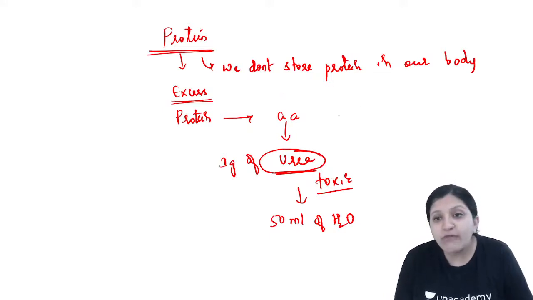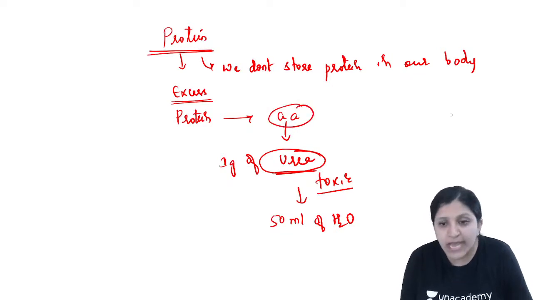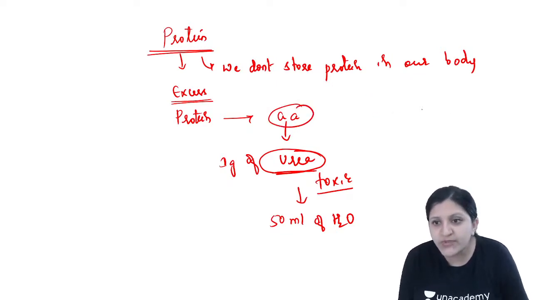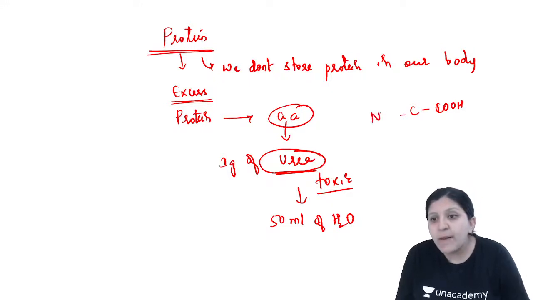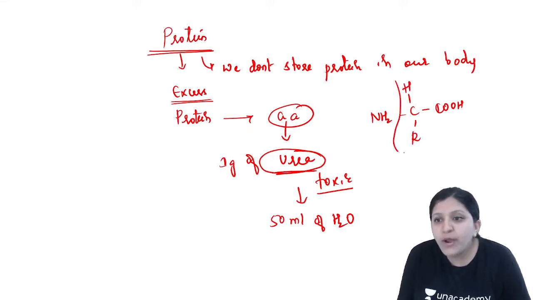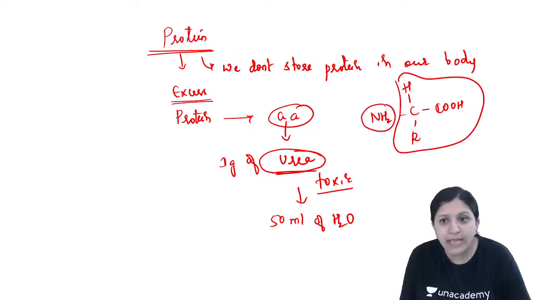Now let's see the structure of amino acid and how urea is formed. There is a carbon group, a carboxylic acid, an amine group, a variable group, and an H. The part other than the amine group will form organic acids.